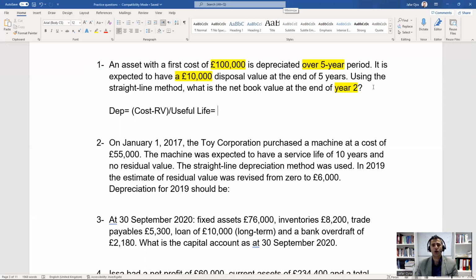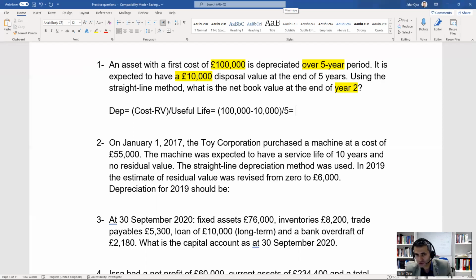So again, cost, what is the cost? It's 100,000. If you apply it, don't forget the bracket. Minus residual value, which is 10,000, and you divide it by useful life, which is 5 years.